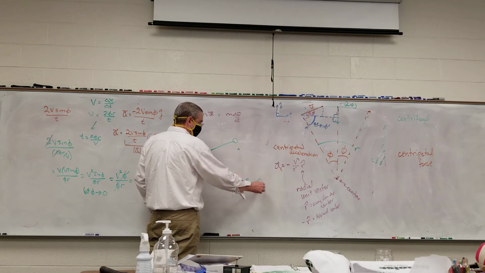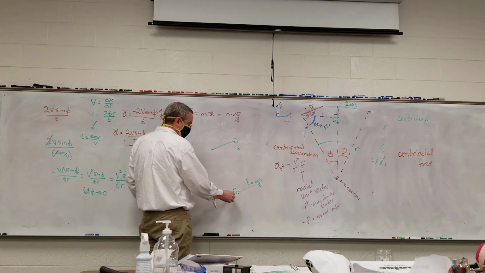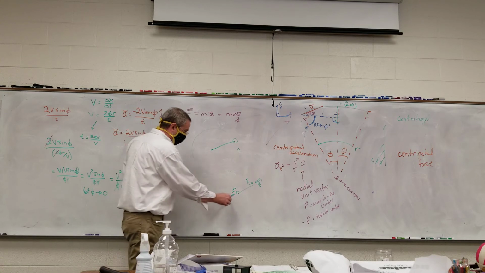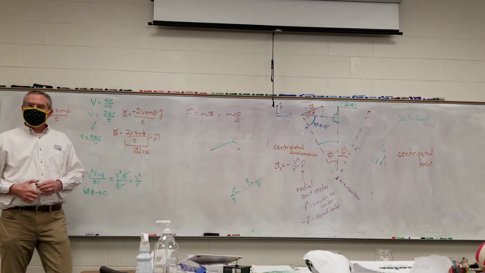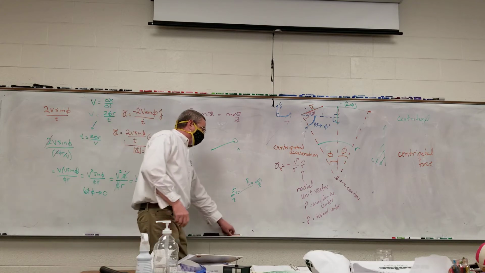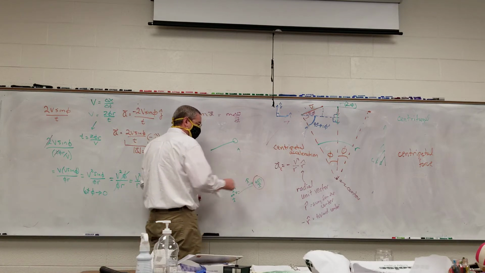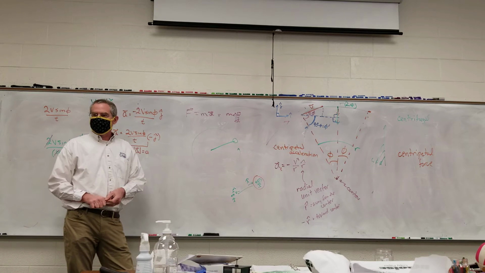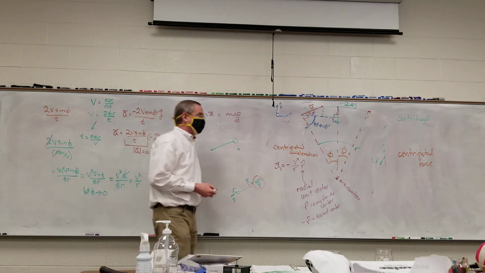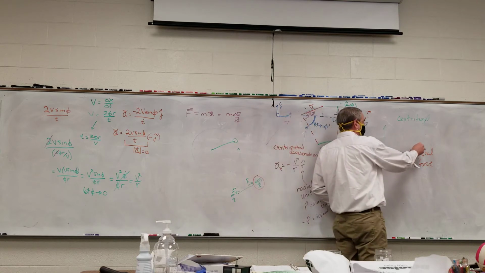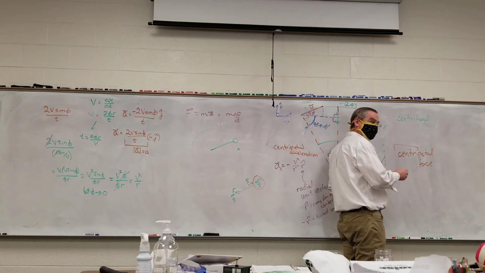There's tension pulling on the stopper, and then something holding the string over here. The force that's causing the stopper to travel in a circle is this force right here. It is pointing towards the center. It is centripetal force. From a linguistic point of view, centri means center.